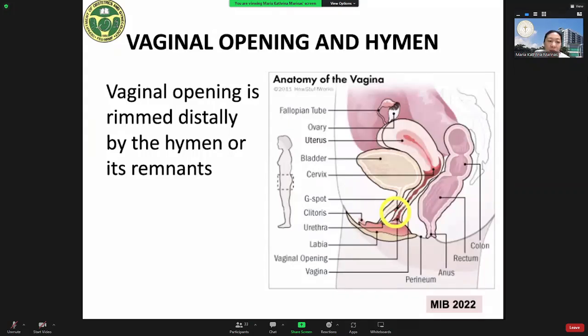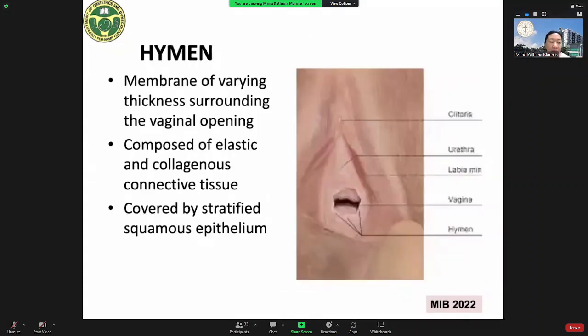So let's now proceed with the vaginal opening. The vaginal opening is rimmed distally by the hymen and its remnants. The hymen is a membrane of varying thickness surrounding the vaginal opening, and it is composed of elastic and collagenous connective tissue.